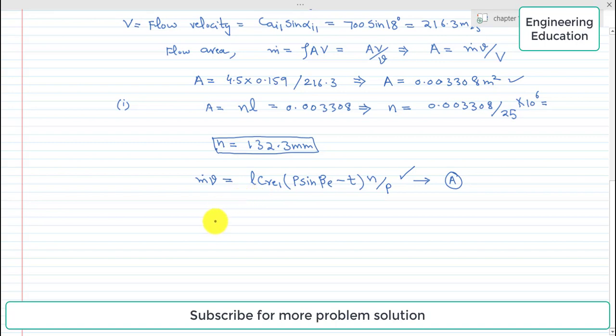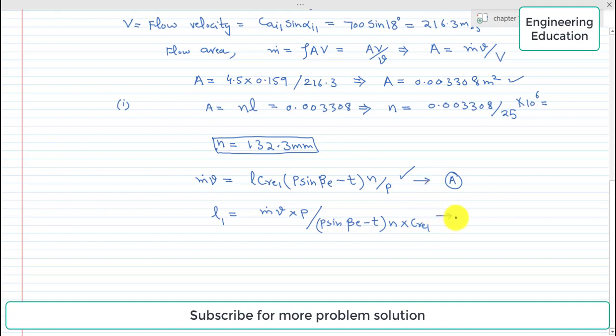So for calculating it for L1, the expression will become like this: L1 is equal to m dot into specific volume into P, the pitch, divided by P sine beta E minus T into N into CRE1.